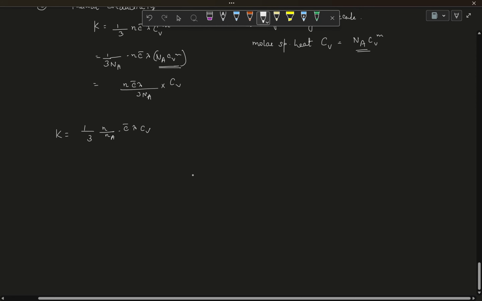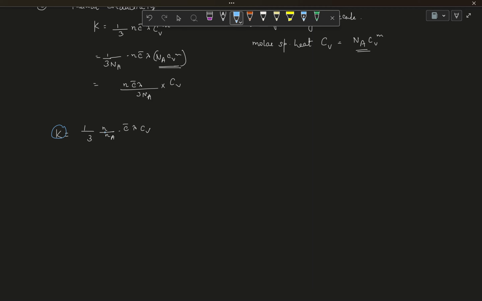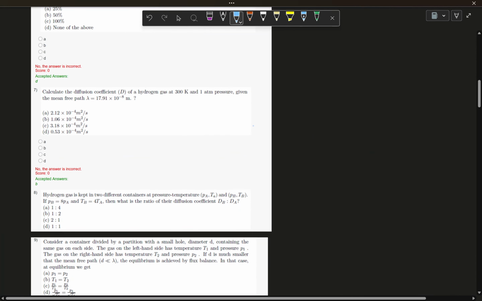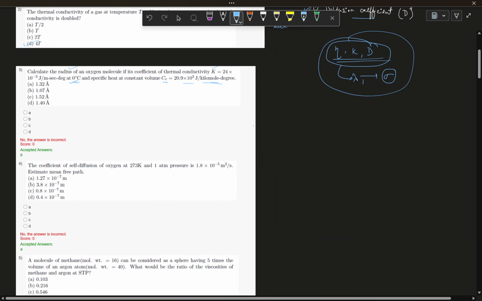Now remember that in the question you are given the value of K, and you have been given the temperature, from which you can get the average velocity, because you know the formula, and also you know the system, so you know the mass. What was the system given? Let me check one second. Yes, oxygen molecule.